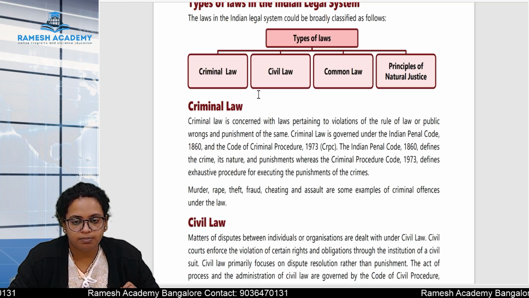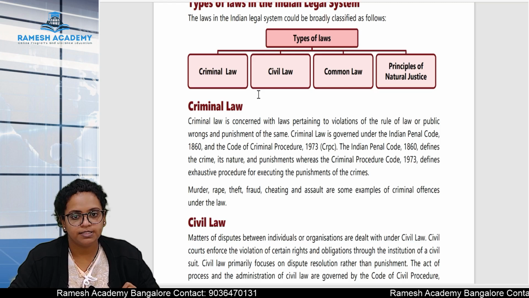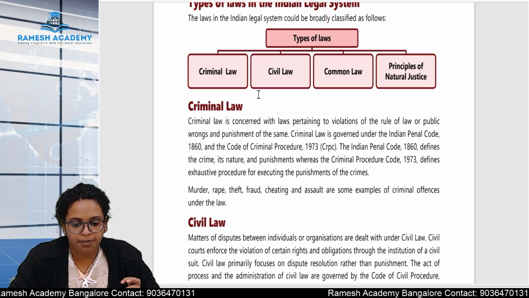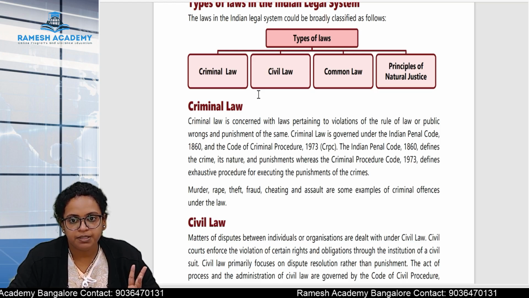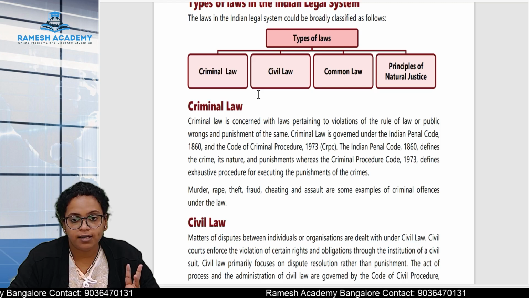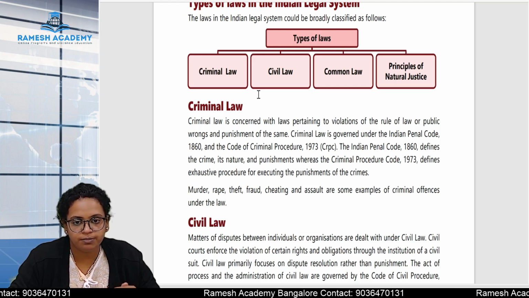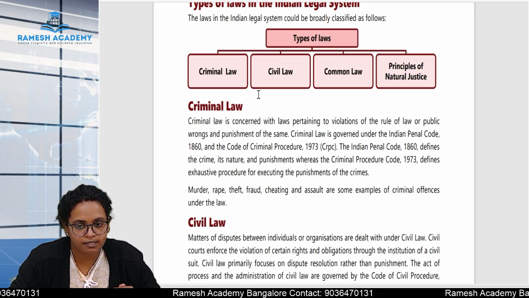So just mark this line. The Indian Penal Code 1860 defines the crime, with its nature and punishment. The Indian Penal Code and the CrPC definitions are different for criminal: what exactly they define as a crime.